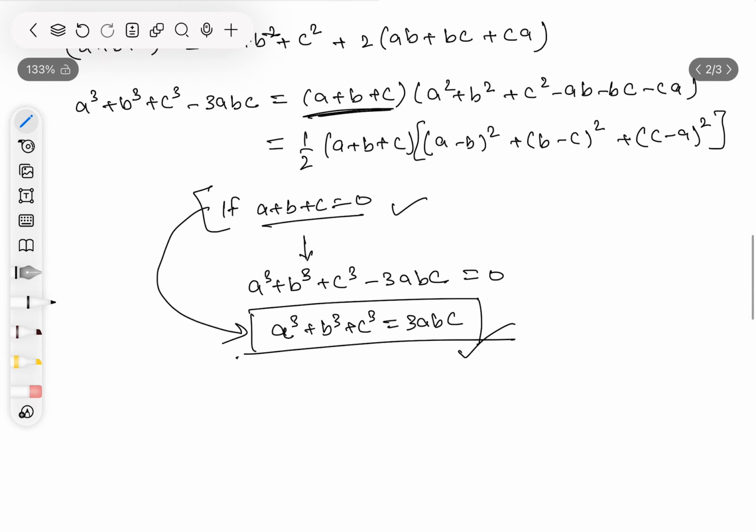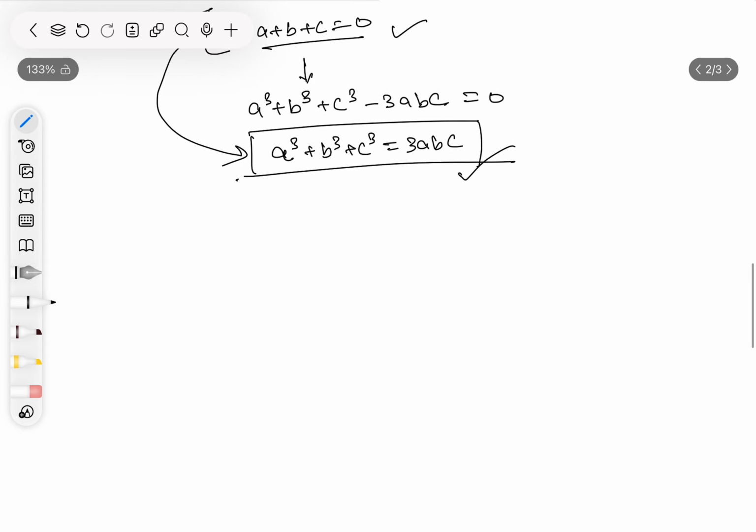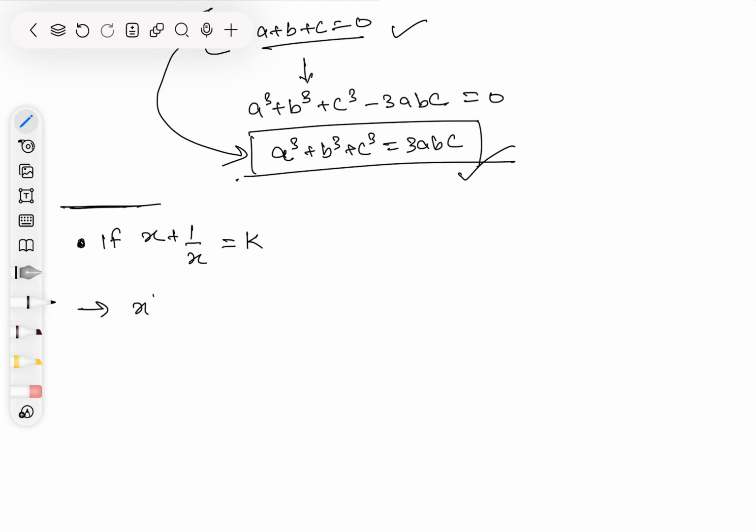So these are few identities that you should know. Now, let's see some results that are already there so that you don't have to worry much. Let's say if it is given in the question itself that x plus 1 by x is equal to k, in that case x square plus 1 by x square is equal to k square minus 2.